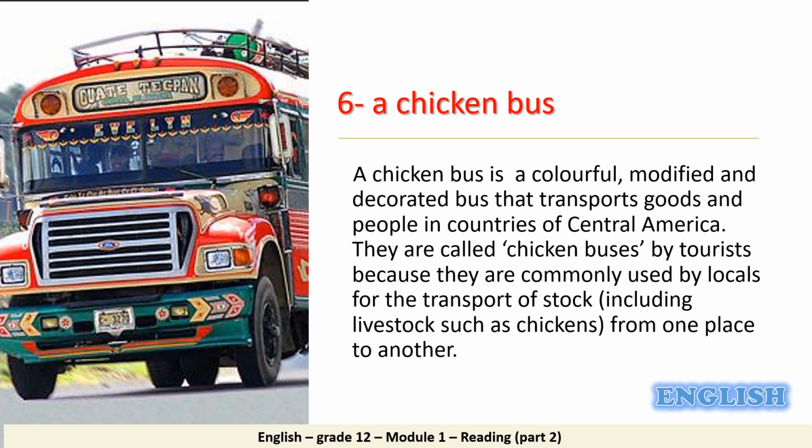The colorful bus you see in this picture has a really funny name. It is called a chicken bus. Tourists gave it this name because people in Central America use this bus to transport stock, including livestock animals such as chicken.